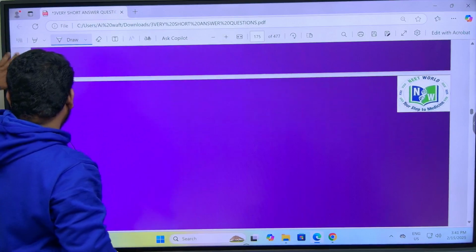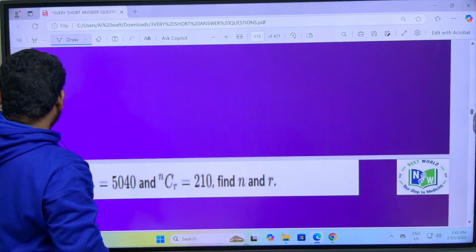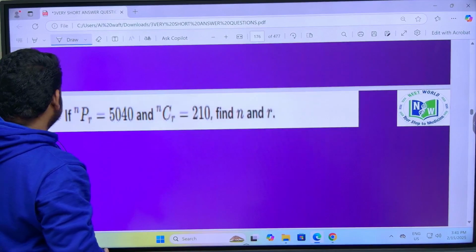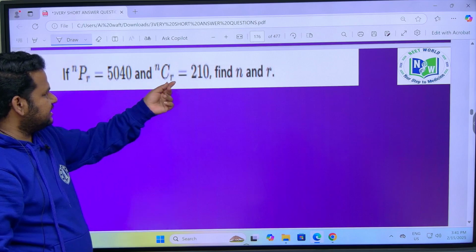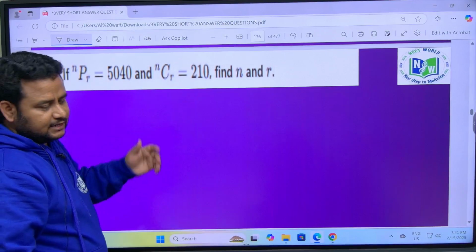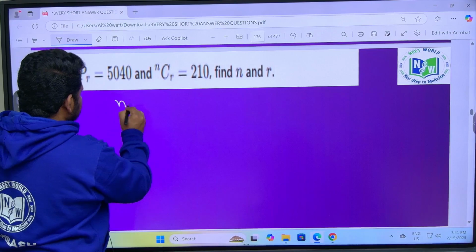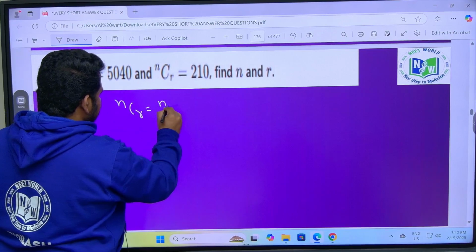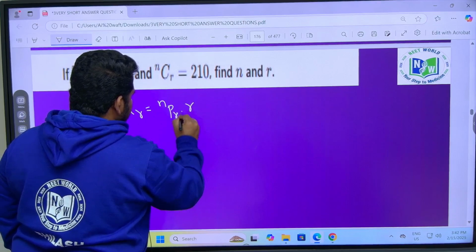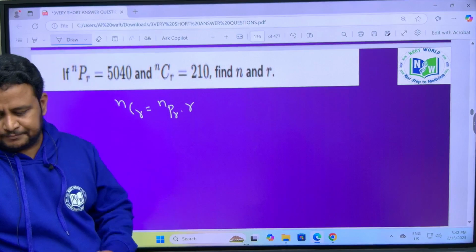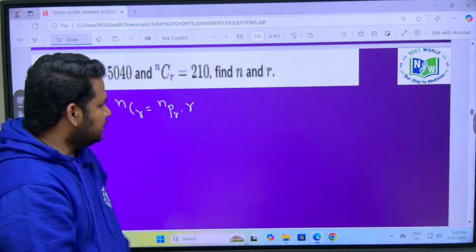So moving forward to the next question. If nPr is equal to 5040 and nCr is equal to 210, find n and r. So we know that nCr is equal to nPr divided by r factorial, that is nPr is nCr into r factorial.